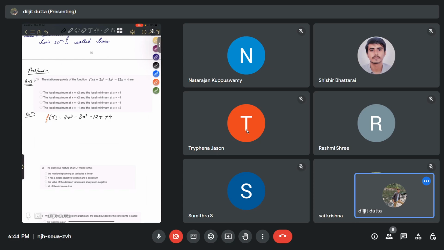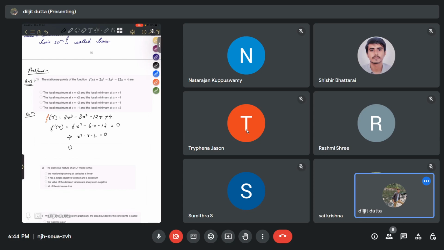To find the stationary points, what was the primary condition? The primary condition was that f dash x equals 0. So we will find f dash x, the first derivative. It will be 6x squared minus 6x minus 12, and this is equal to 0. So this implies x squared minus x minus 2 equals 0.